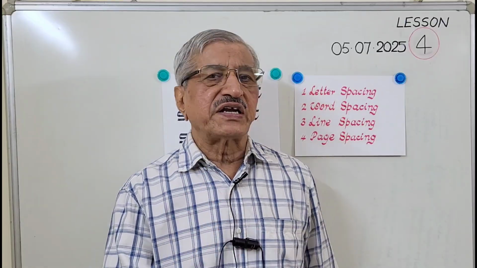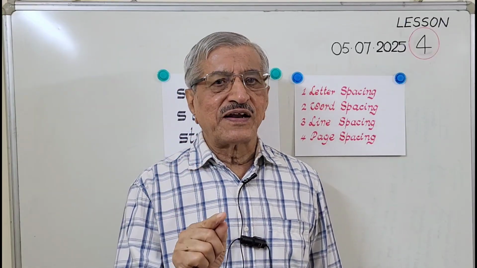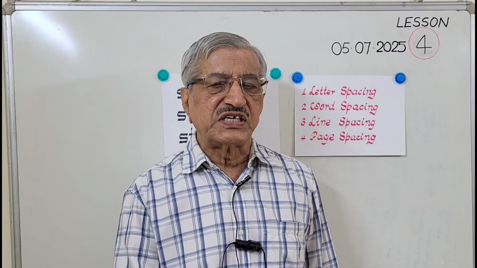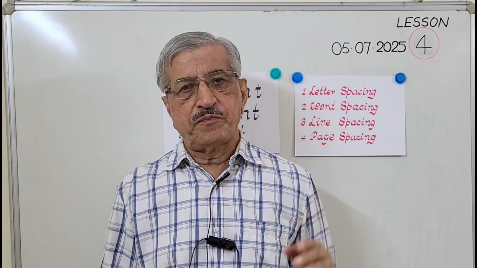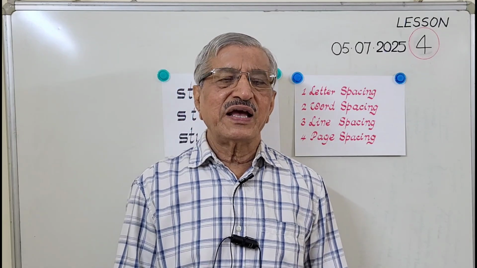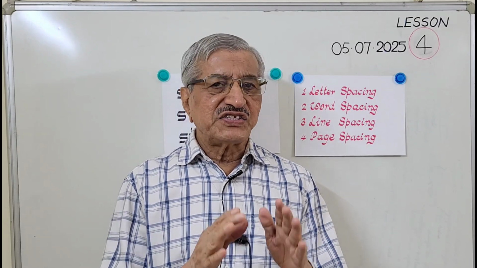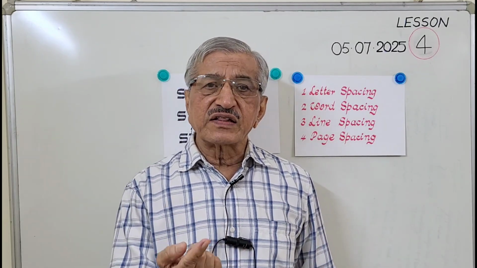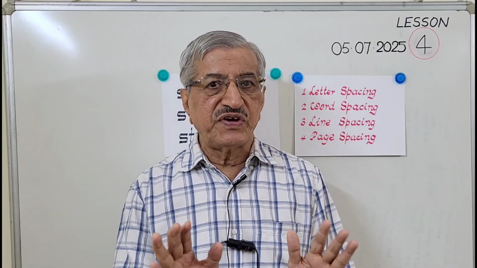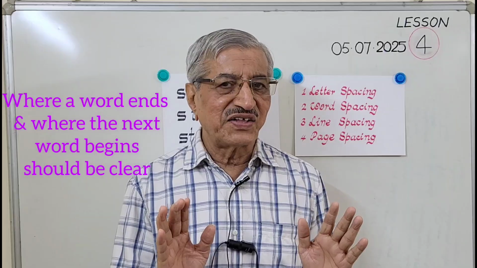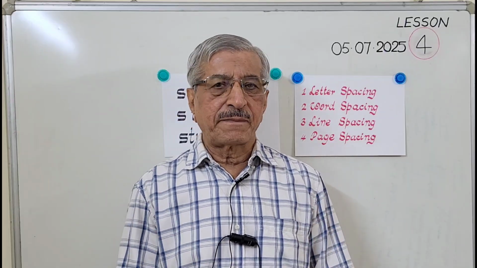And every time you will definitely press that space bar, and the space between any 2 words should be uniform. Okay. And this is the rule. Where the word ends and from where the new word starts, it should be very clear. That is the secret of another spacing.